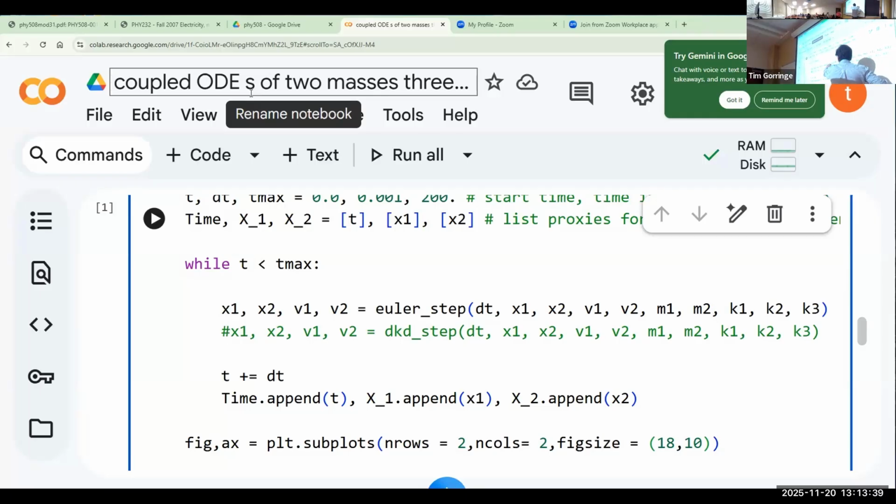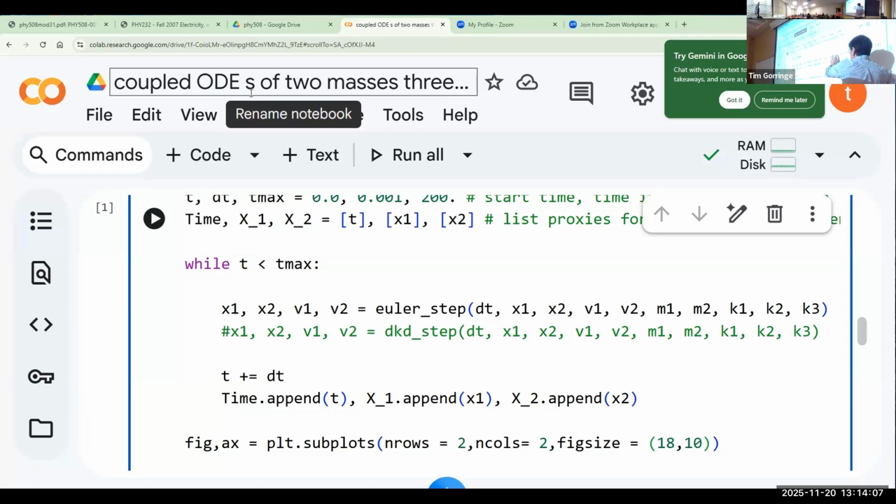The Euler function, you'd have to remember a long way back to the arguments with the Euler function. The arguments of my Euler function here are, I'm going to pass the, of course I need to know the time step, how far forward I want the Euler function to take us. I need to know the current positions and velocities of the two masses, so I'm passing those.